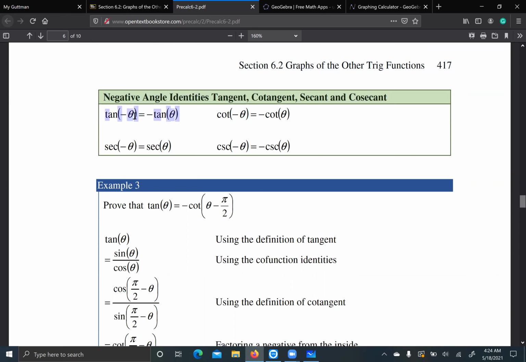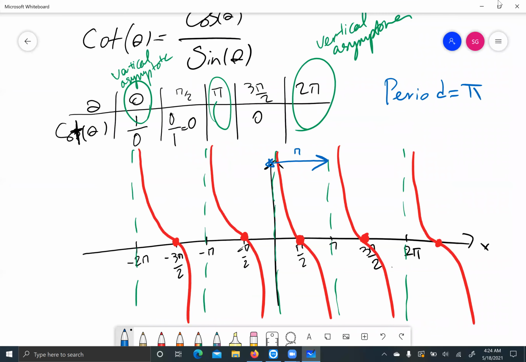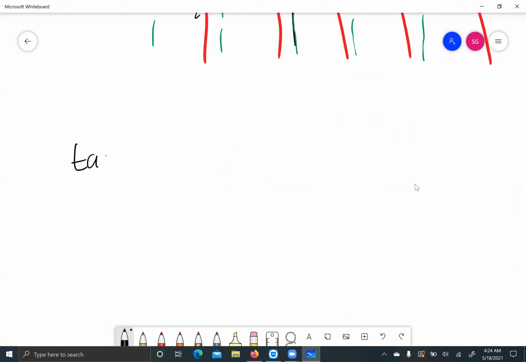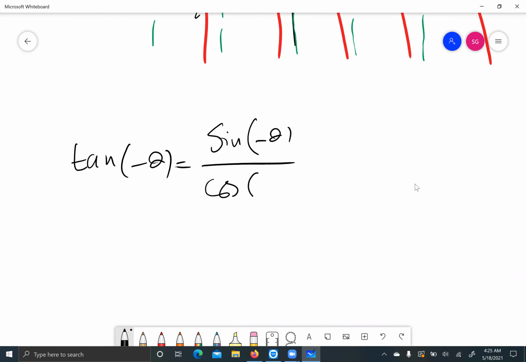It's so easy to see that tangent, cotangent, secant, and cosecant are all odd functions. For example, tangent of negative theta. Rewrite tangent as sine and cosine. Tangent is sine over cosine, right? And we know that sine is odd, so this is going to be negative sine of theta.